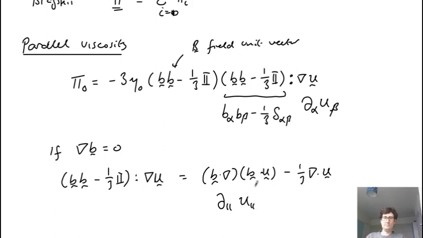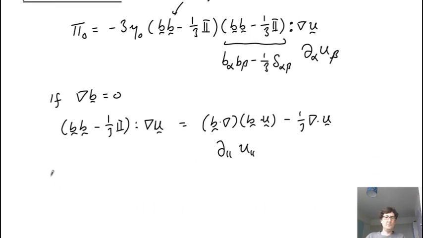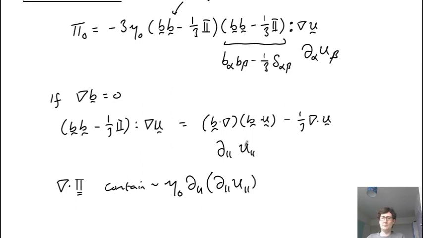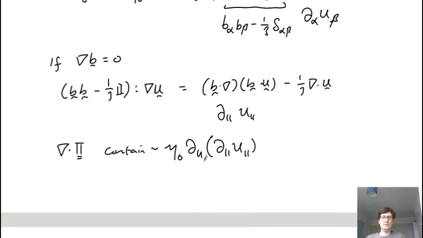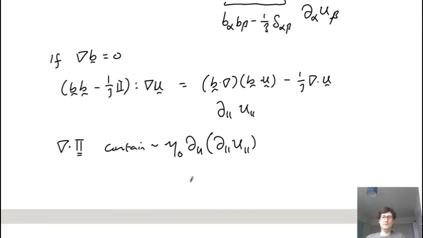And so in the fluid equation, when we have things like the divergence of pi, this will contain terms which are like eta naught. So I have a term which looks like eta naught, and then I have a parallel gradient from this divergence, and then here we have a parallel gradient of u parallel from this term here, i.e. it's a second derivative of the parallel velocity.